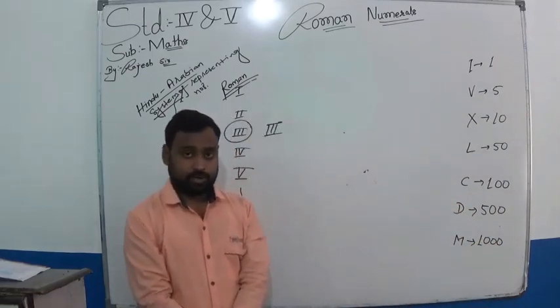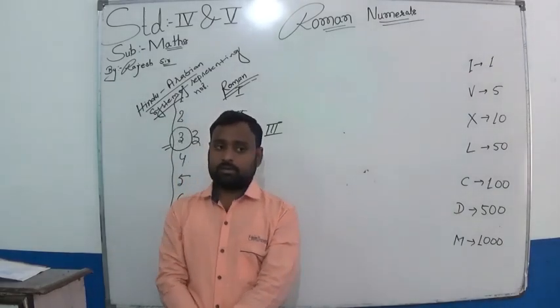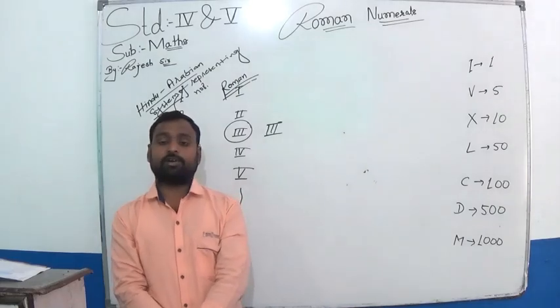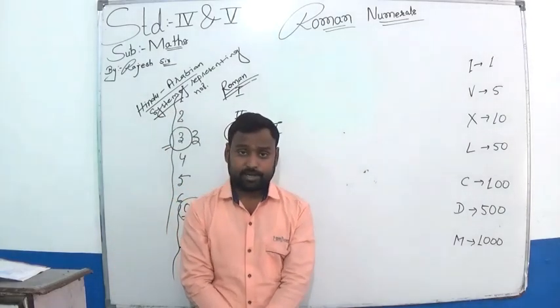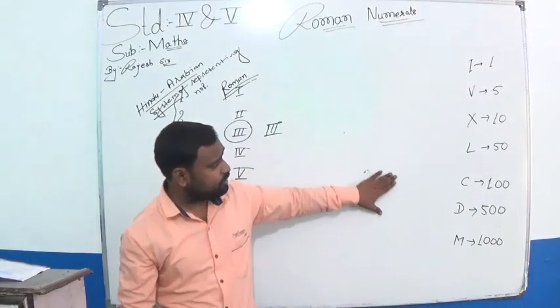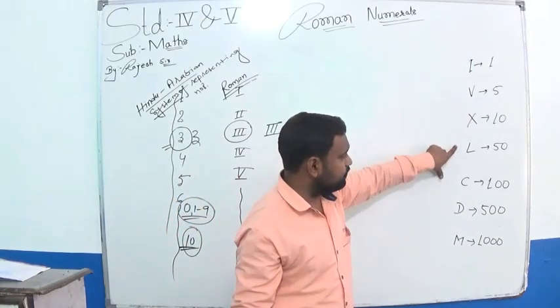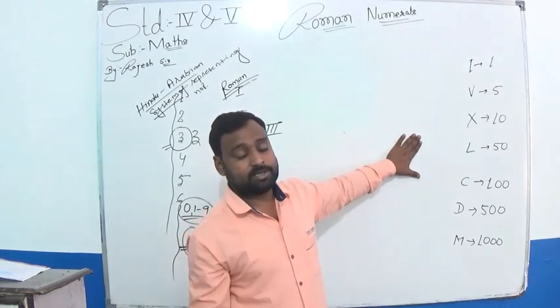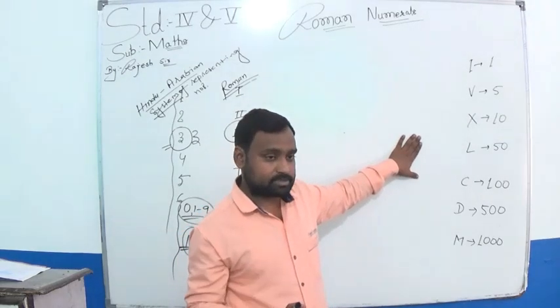I for 1, V for 5, X for 10, L for 50, C for 100, D for 500 and M for 1000. We have only these 7 symbols, 1, 2, 3, 4, 5, 6, 7, to represent Roman numerals.